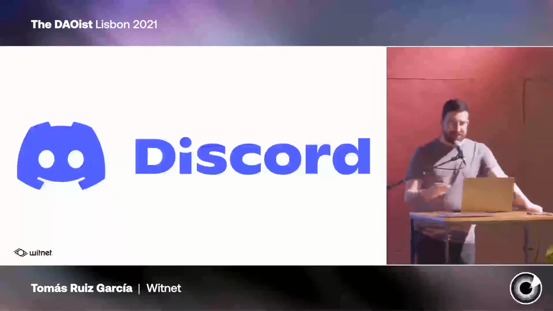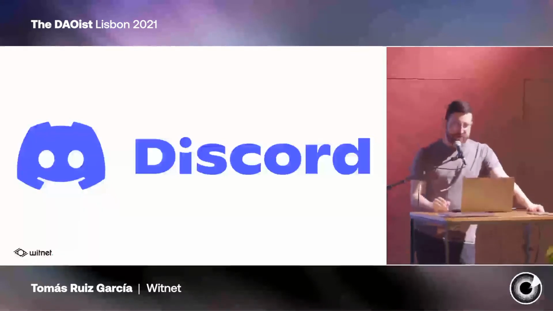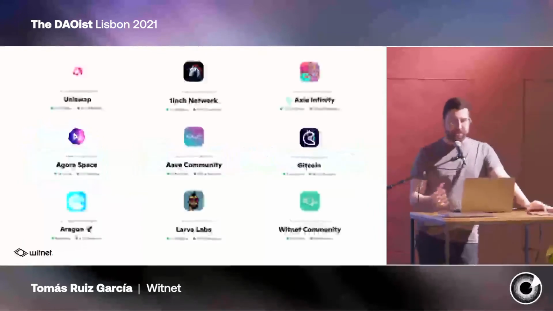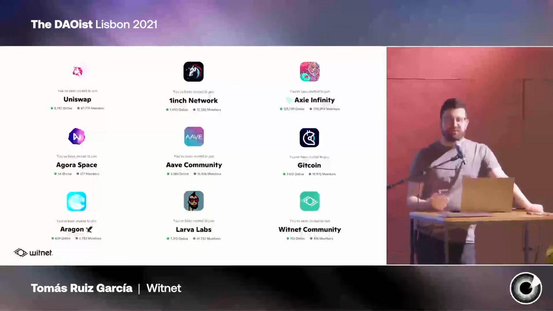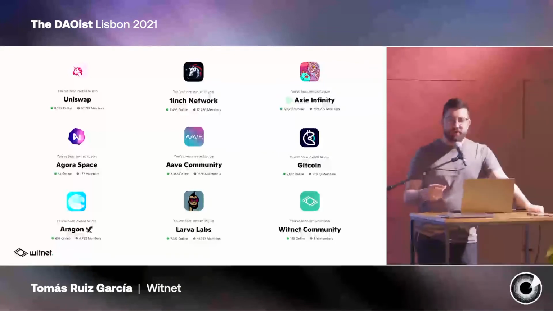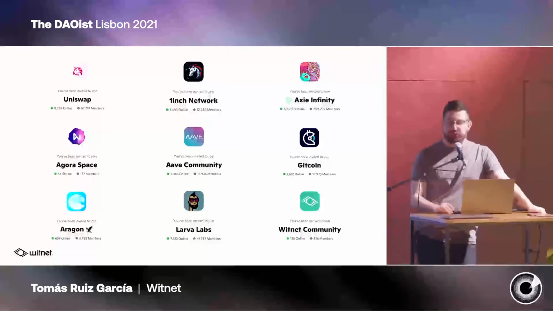I know that Discord is run by a private company, but it seems like in the crypto community they trust it enough to have all their communication there. So we don't want to replace the current solutions. We know there are decentralized solutions that are good for the ecosystem. We only want to reduce barriers for newcomers or for people who are not currently voting.